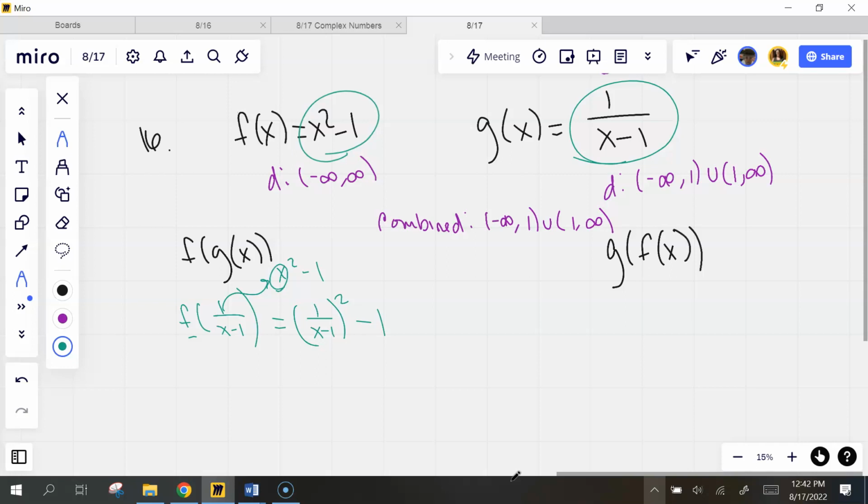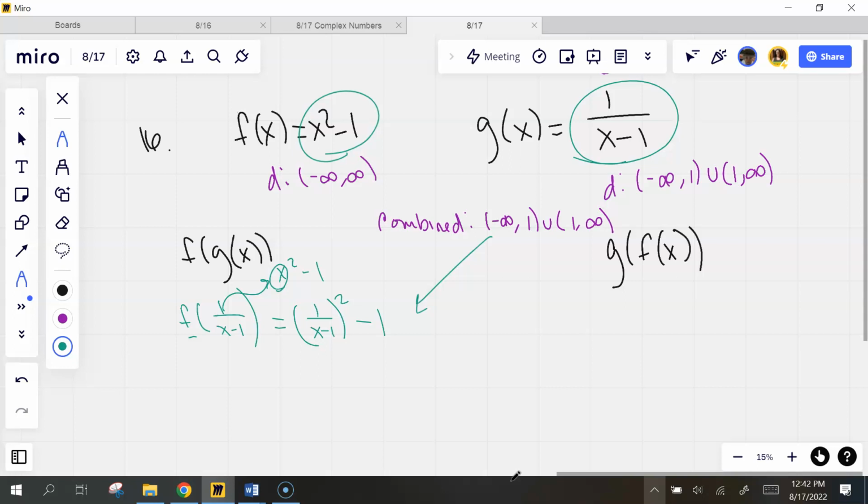I just don't know, that's what I got, but then I found mine. Sure. So it's supposed to come out the same combined domain. The domain, yep. Because I didn't divide by anything. I don't have any new quotients that would impact my domain.